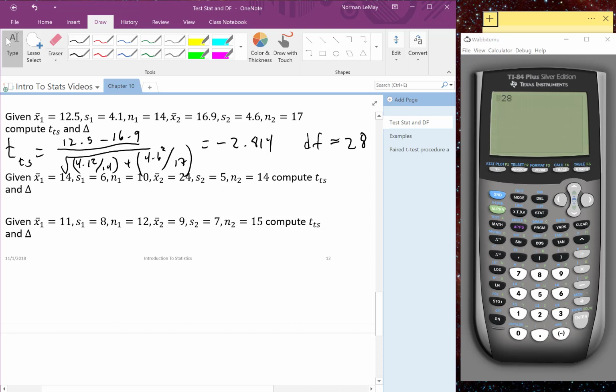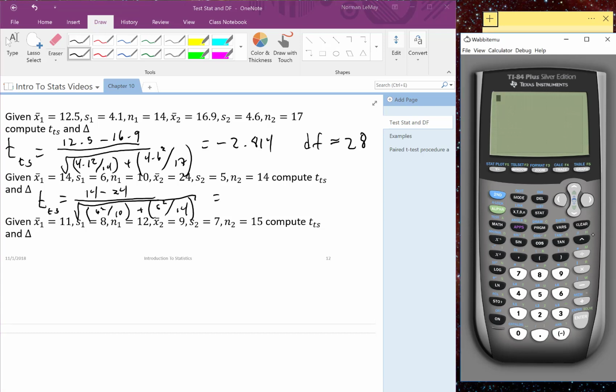Okay, so for the next one, our t-test statistic is going to be 14 minus 24 divided by the square root of S1, which is 6 squared, divided by N1, which is 10, plus S2 squared, which is 5 squared, divided by 14.